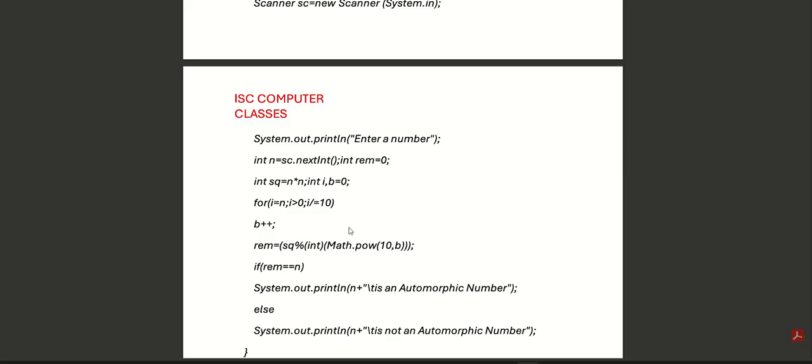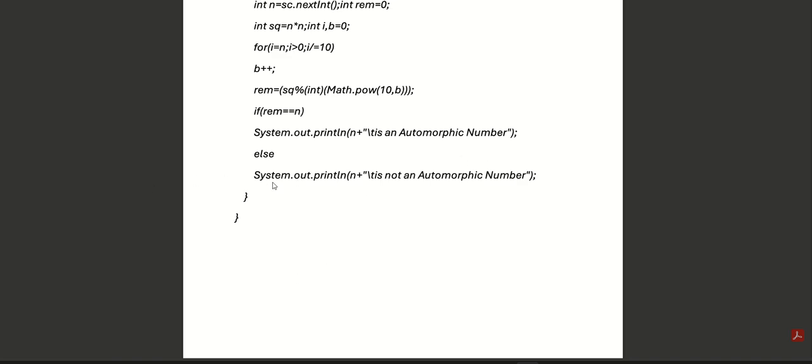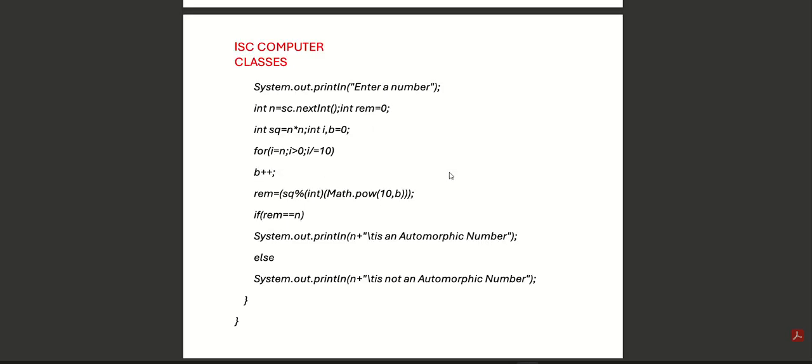If 625 is divided by 100, the quotient is 6, but the remainder will be 25. So in rem the value appears as 25. If rem is equal to n, meaning if rem is equal to the number, then it will print it is an automorphic number, else System.out.println it is not an automorphic number.